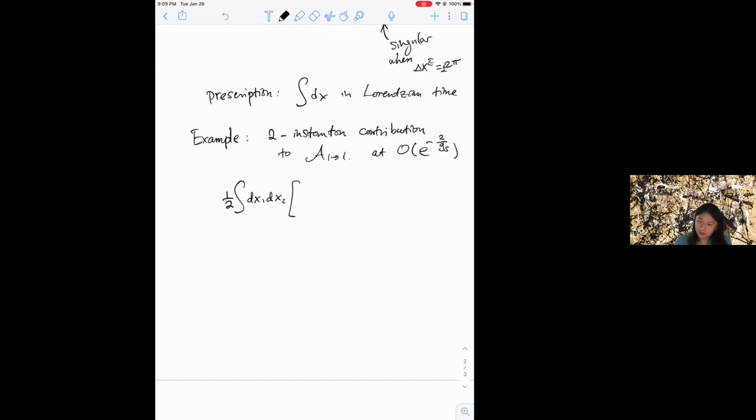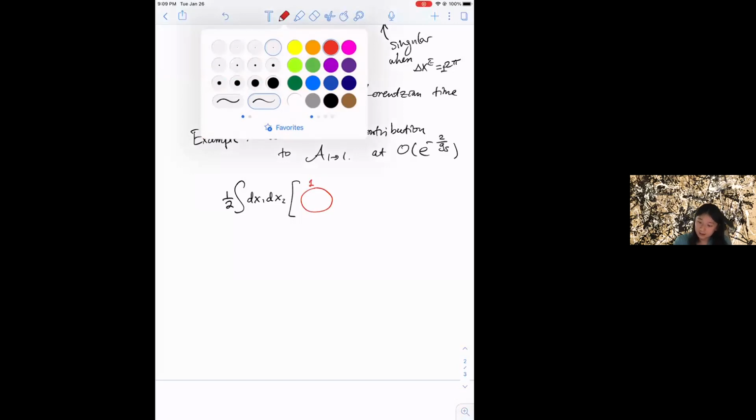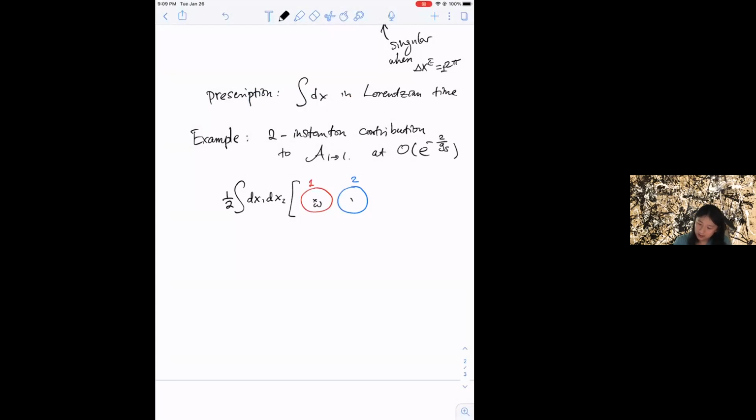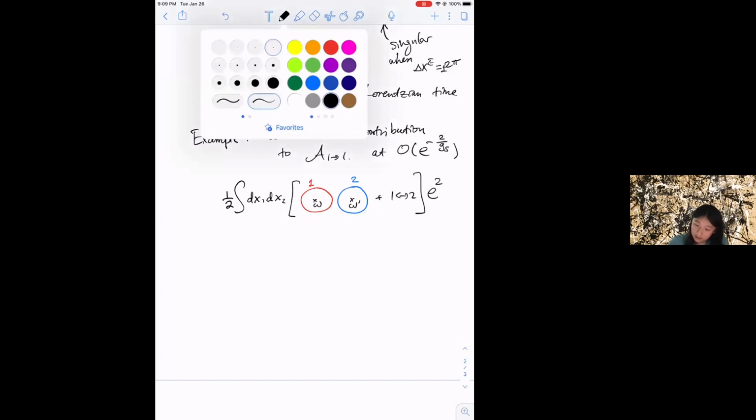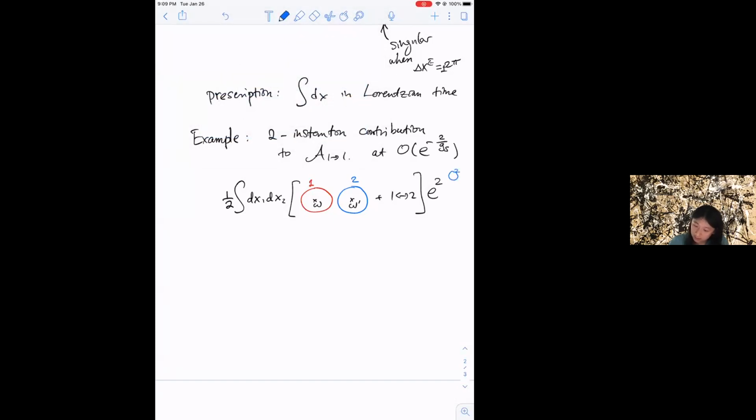I show this with the colors 1 and 2, with the closed string insertions omega and omega prime, plus 1 and 2 exchanged. And then we have this instanton measure factor, e to the 2 annulus.